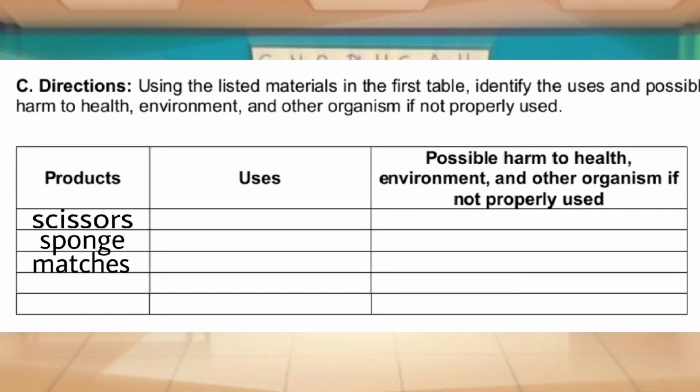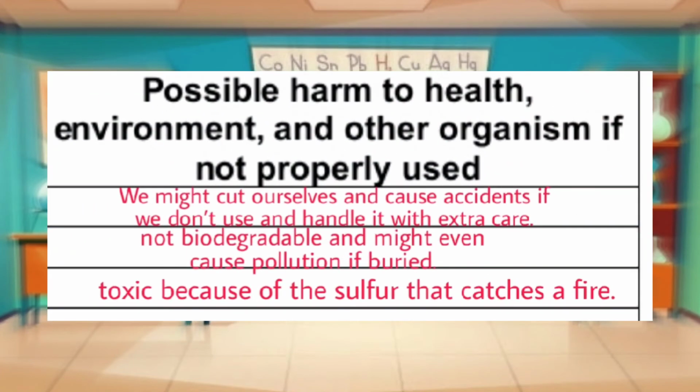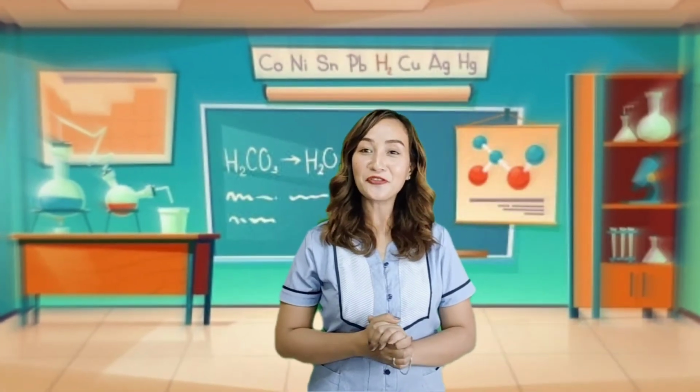Lastly, matches. Great! Matches are used to light a candle. But matches are toxic because of the sulfur that catches fire. Give yourself 3 claps for doing well in the first activity.